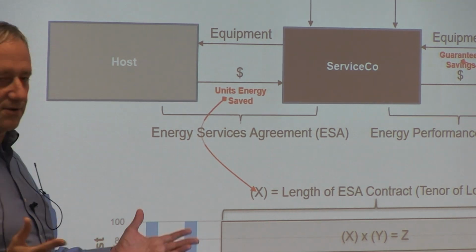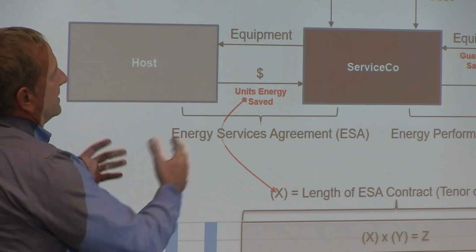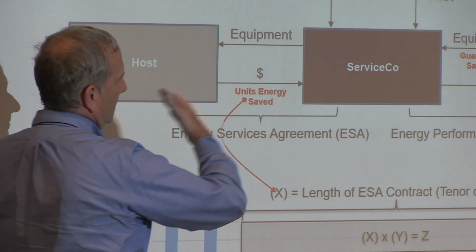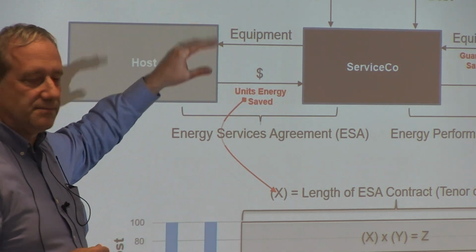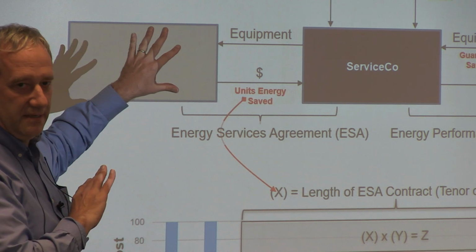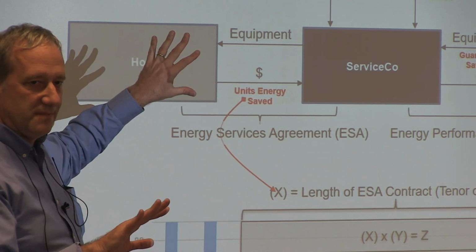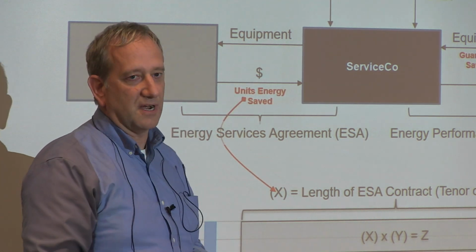We use the word host to describe properties. And there's a guarantee between host and ESCO. And then the host finds financing. The financing is completely separate from this relationship in a traditional energy performance contract.